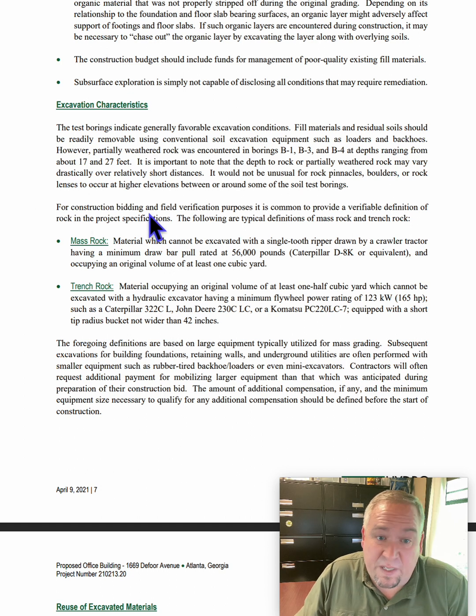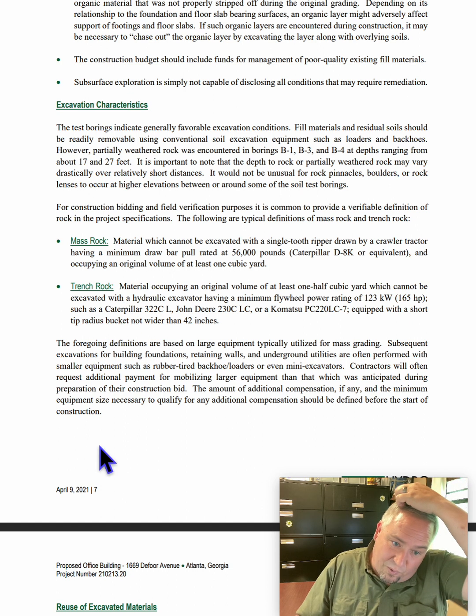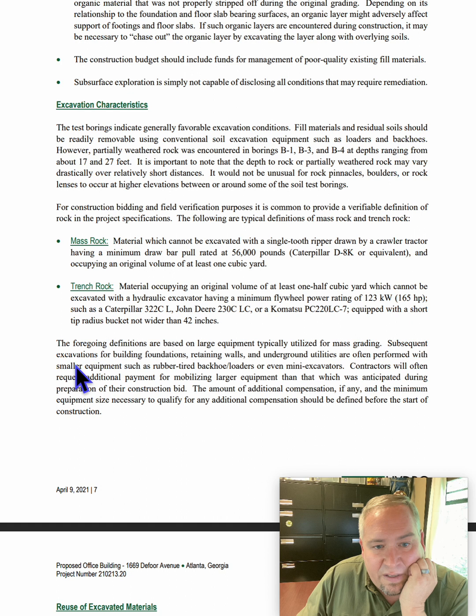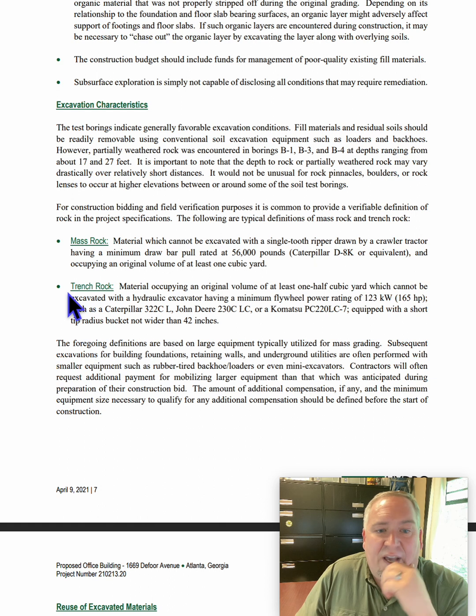For construction bidding and field verification purposes, it is common to provide verifiable definition of rock in the project specifications. So when we do a bid, we will sometimes copy and paste this or have reference to the geotech report on this page here, and just say we are in alignment with what they define as mass rock and what they identify as trench rock, so that we're on the same page.